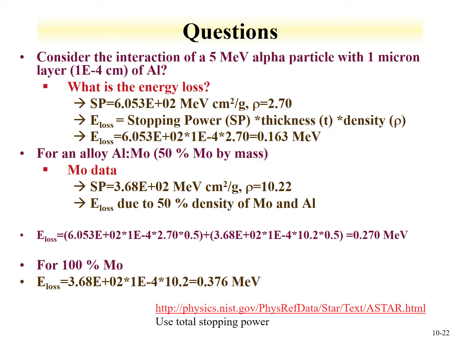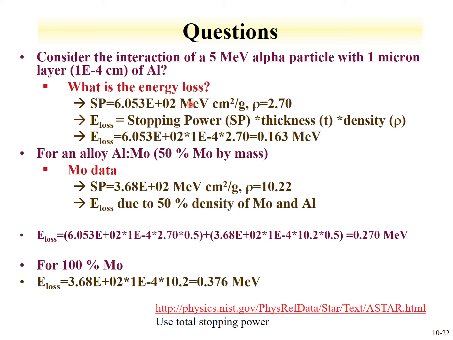And for aluminum, if we go to the ASTAR web page and look at the data for 5 MeV, we get 6 times 10 to the 2 MeV centimeter squared per gram for the stopping power, and the density of aluminum is 2.7 grams per centimeter cubed.